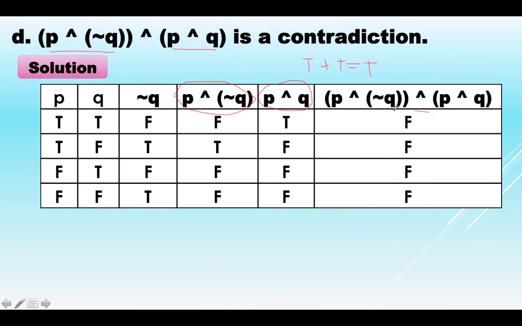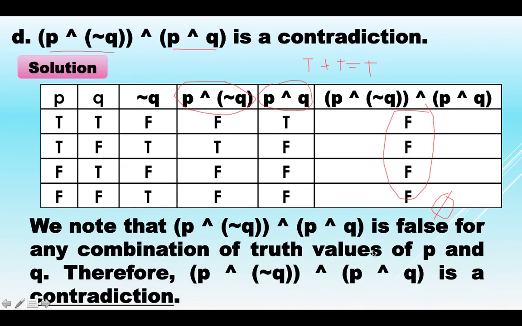In short, this is a contradiction because all our answers are false. So that is null. So we know that P conjunct negation of Q, conjunct the quantity of P conjunct Q, is false for any combination of truth values of P and Q. Therefore, it is a contradiction.